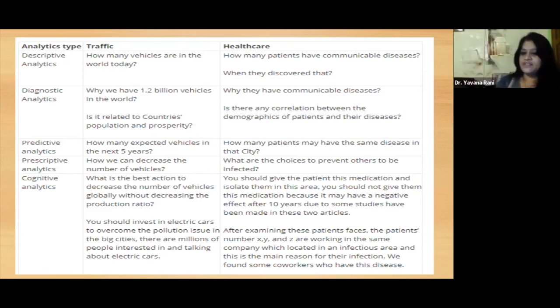This is the main reason for their infection that we have found, and we found some co-workers who have this disease also. So something cognitive, a strategic decision has to be made based on the analysis. So this is about the four major analytics, where we build a model and finally we make effective decisions.